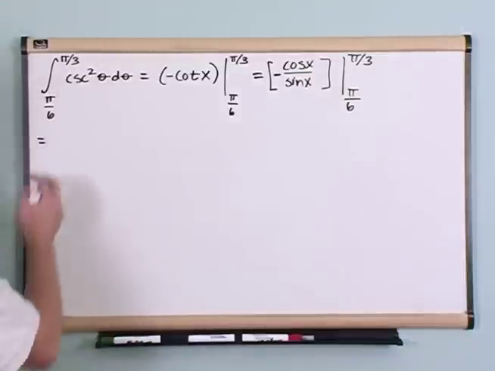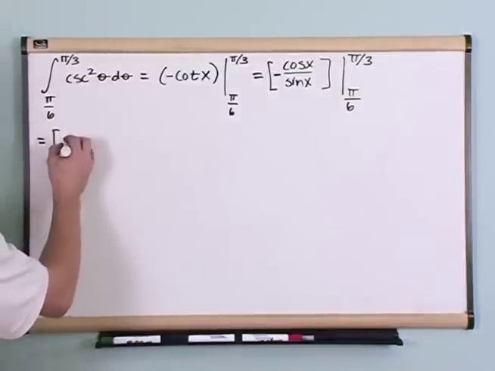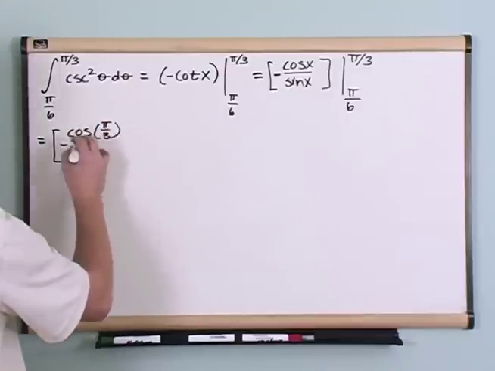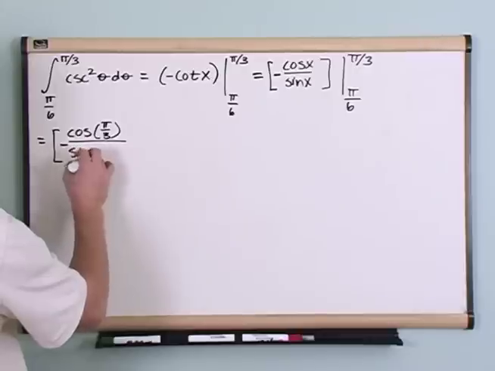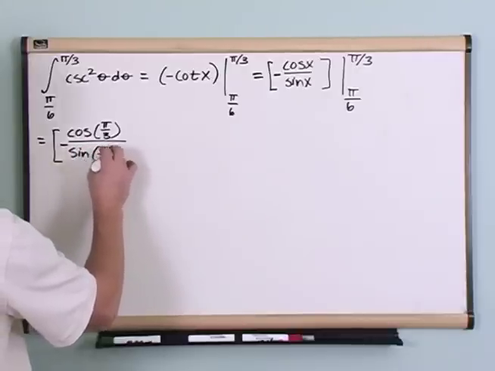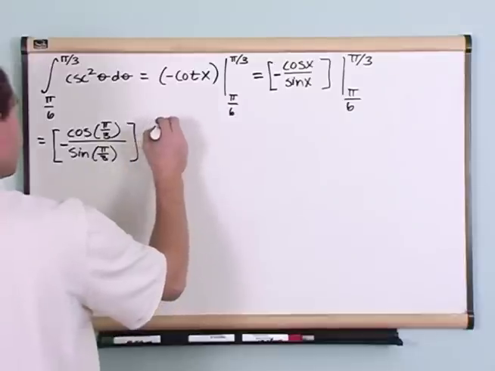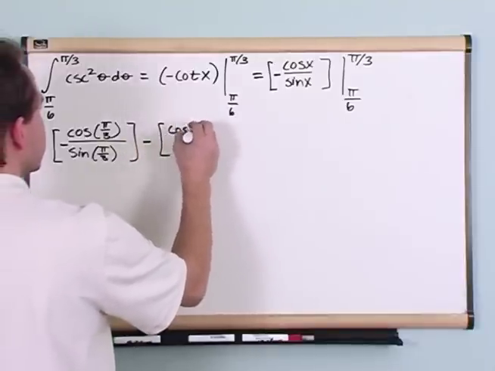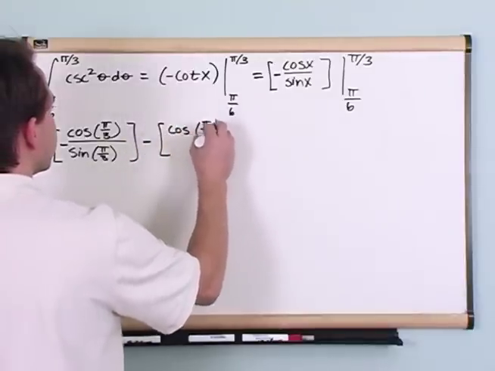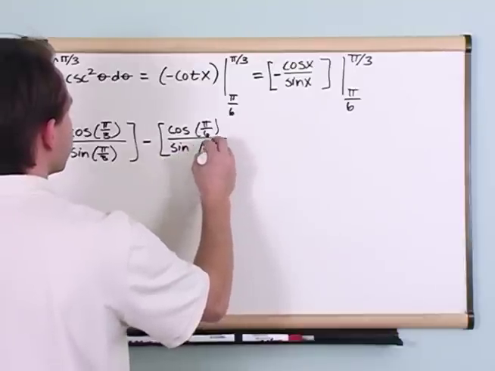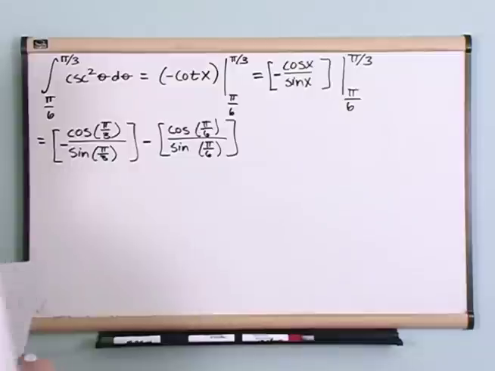Okay, let's press on. So you're going to have negative cosine of pi over 3 divided by sine of pi over 3. That's just evaluating this quantity at the upper limit, minus cosine of pi over 6 divided by sine of pi over 6, evaluated at the lower limit.